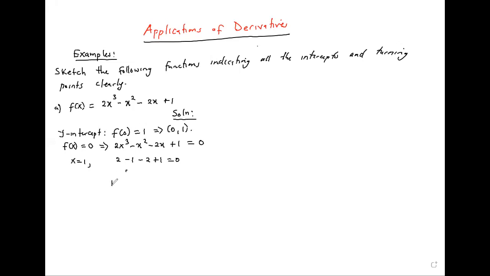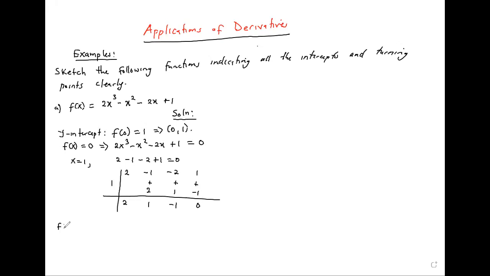Using 1, we have 2, negative 1, negative 2, positive 1. Then we drop the 2, multiply, we get 2, add, get 1, multiply, we get 1, add, we get negative 1, multiply, we get negative 1, add, we get 0.